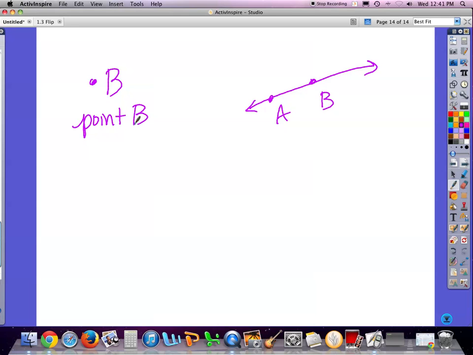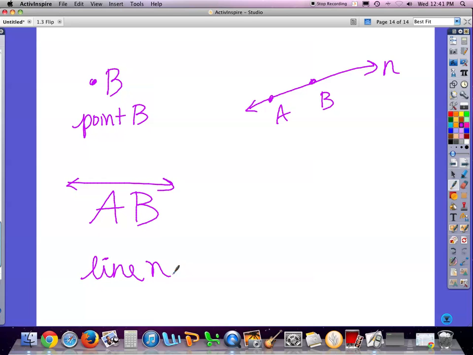If you need to name this line, you have two options. You either name it line AB, or you name it line and then you give the cursive little italicized letter at the end there.